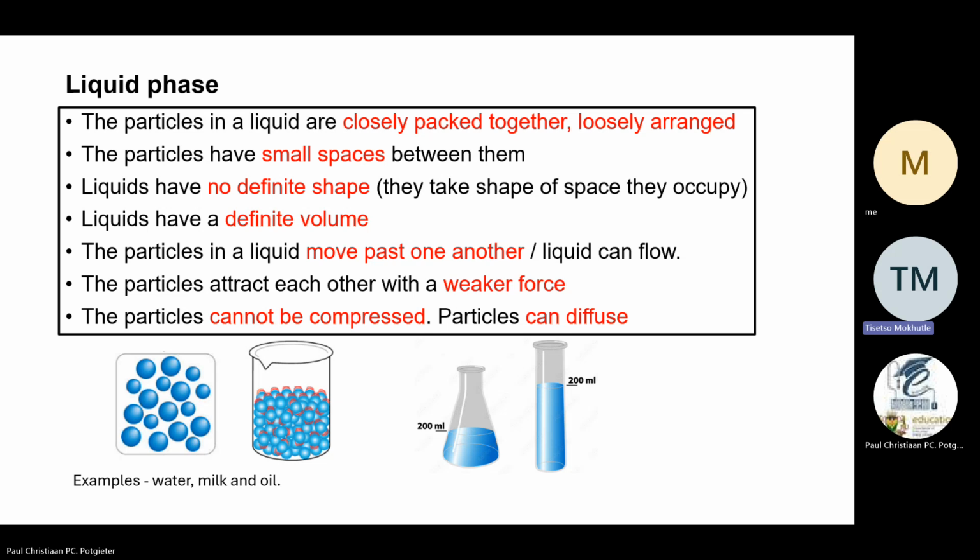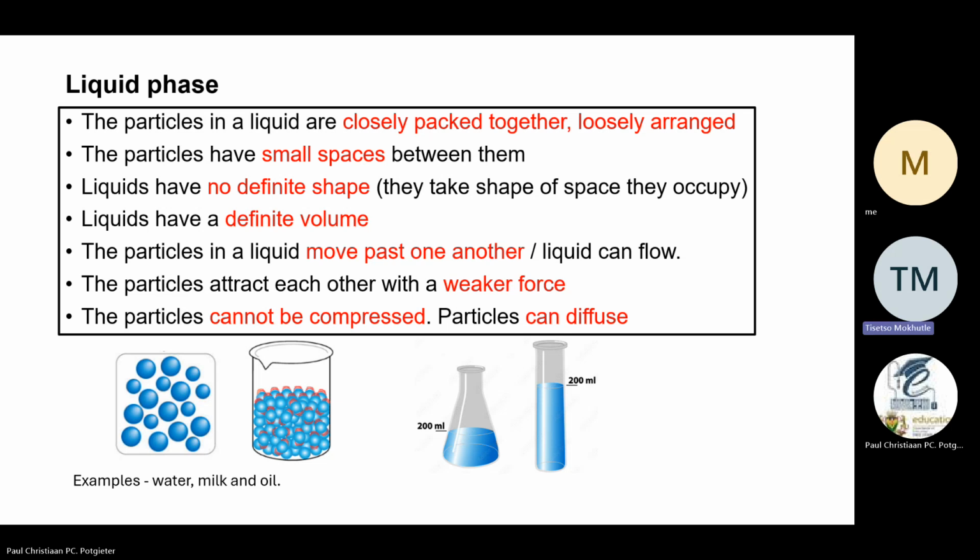Now the liquid phase. Okay, let us look at comparing it to the previous slides. The particles in a liquid phase are closely packed as well, but they are loosely arranged. So the spaces are still small, but they are larger than those of the solid substance.